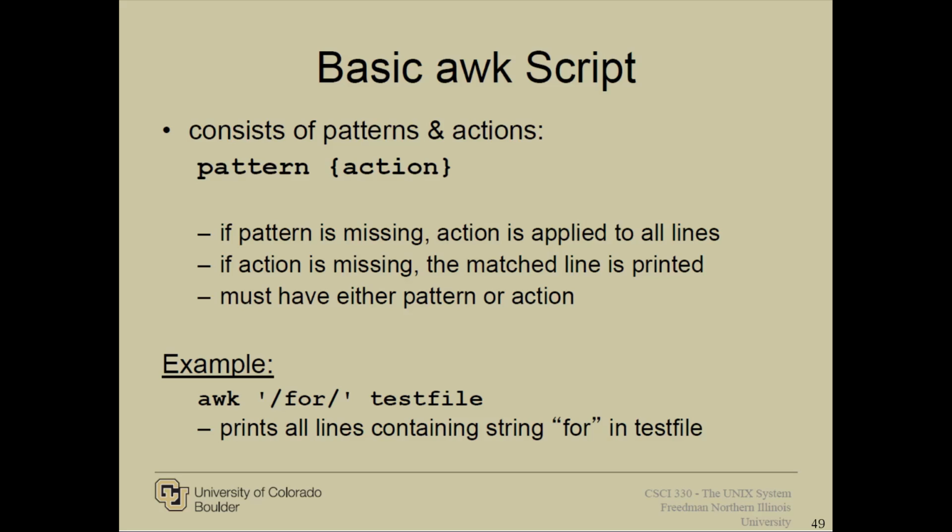You must have one of these, either a pattern or action, to actually get anything to happen. So here we have a basic awk command with just a pattern. Its output will be all the lines containing the string 4 in the test file.